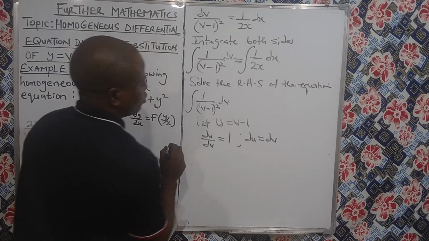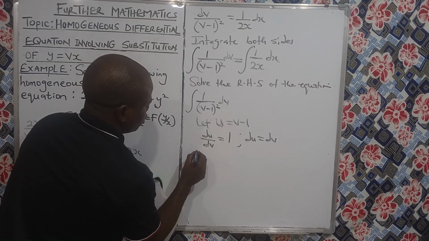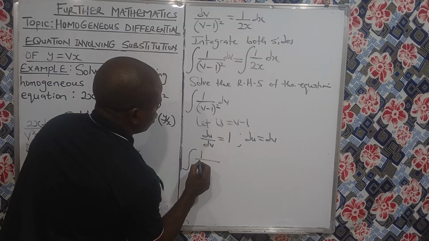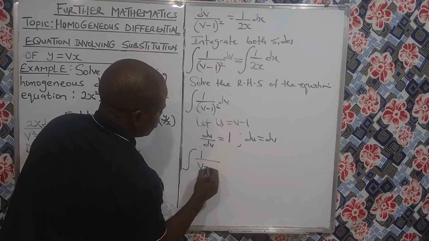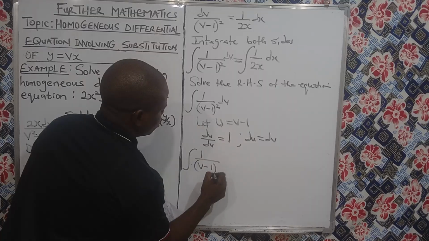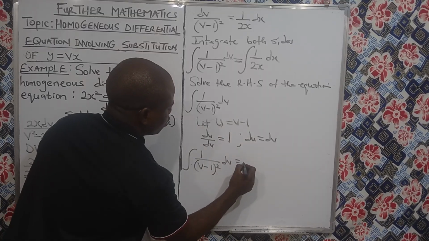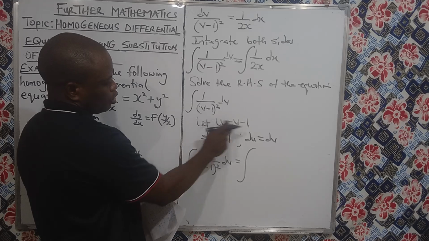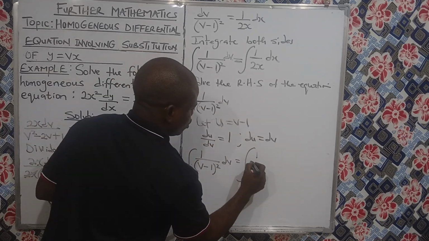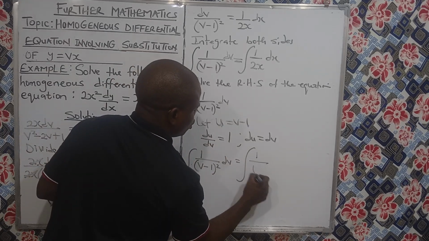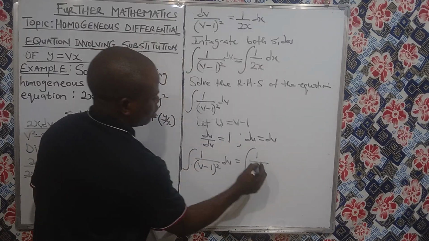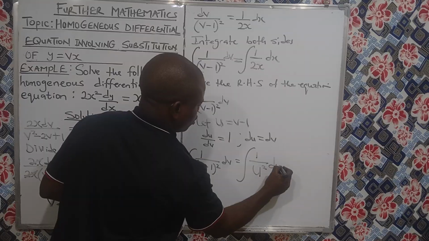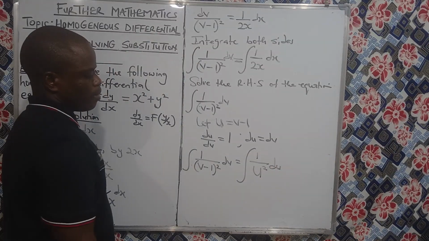Now go back. Write the integral of 1 over (v minus 1) squared dv. Letting u equal v minus 1, it becomes the integral of 1 over u squared. Our dv is now du, because everything must be in terms of u.